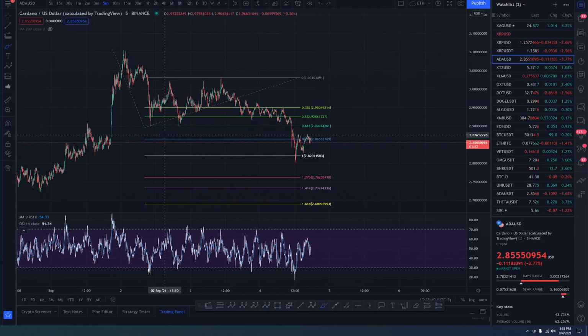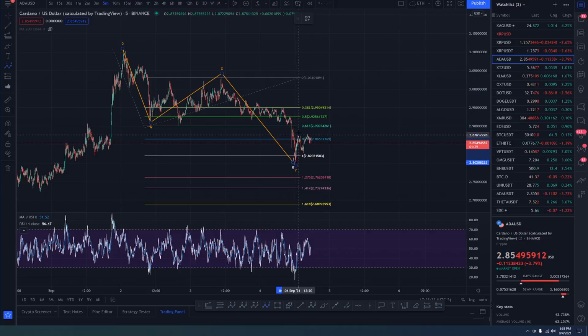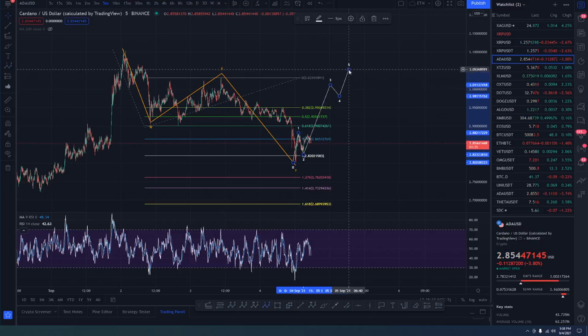Because I would expect after 3 waves like this, I guess I'll label this a W, X, and a Y. And then as long as this is finished, we should be looking for some kind of impulse to the upside. 1, 2, 3, 4, 5.